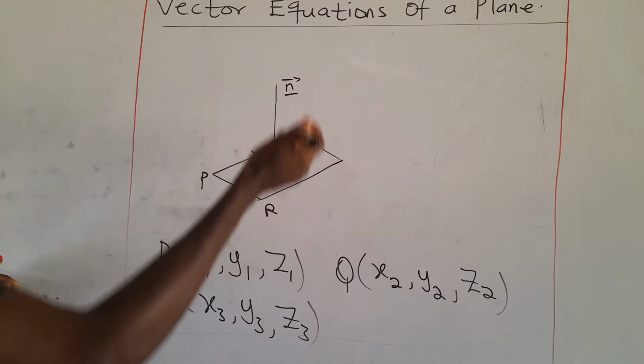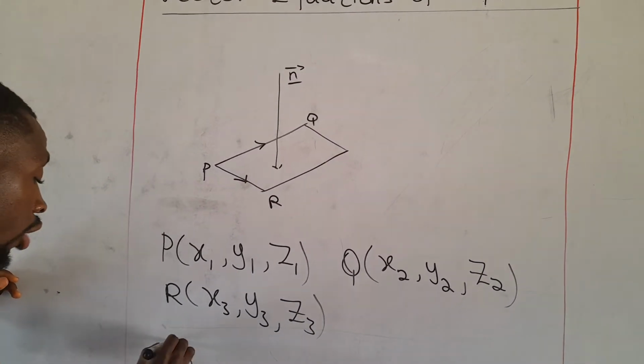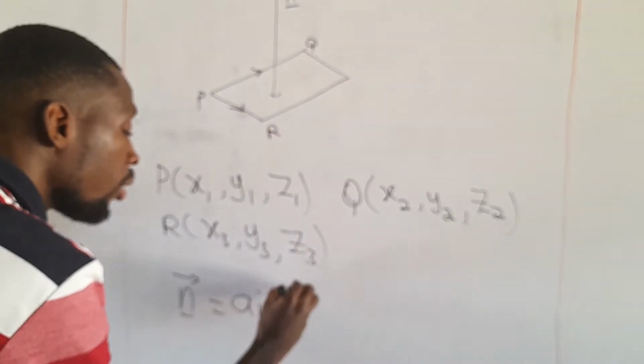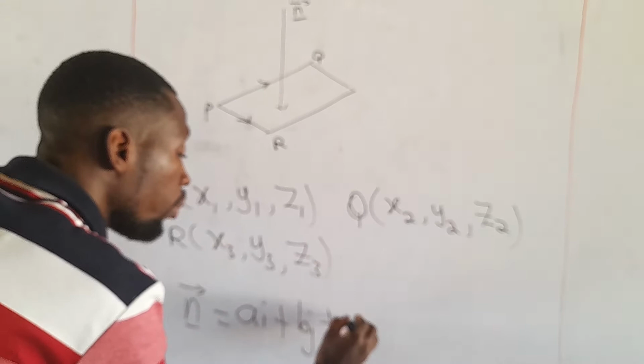And let's say our normal vector n is equal to ai plus bj plus ck.